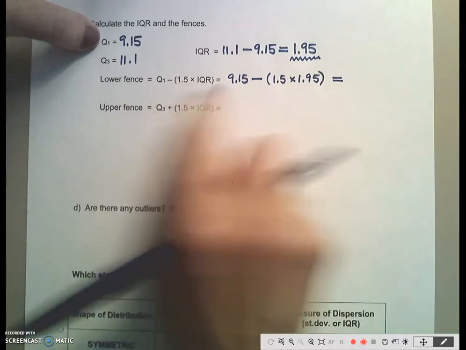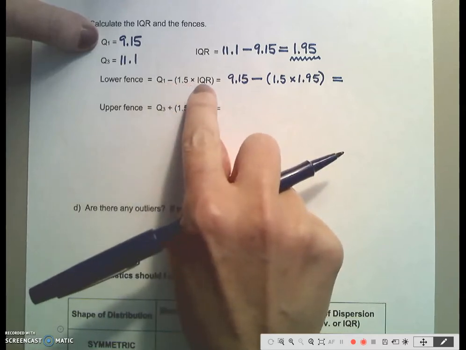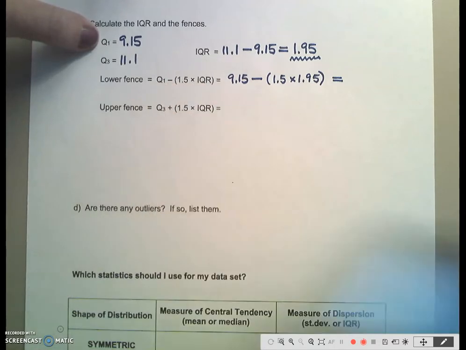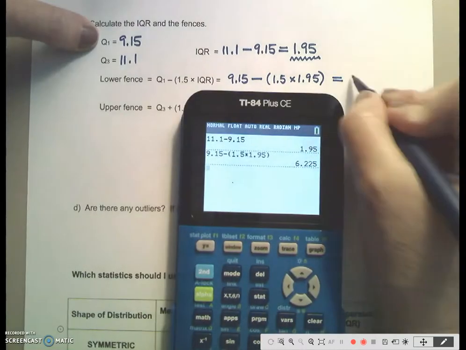So I'm just plugging into my formula. Q1 minus 1.5 times my IQR. I can go to my calculator. I'm going to type it with the parentheses and everything. 9.15 minus 1.5 times the IQR. And that gives us 6.225.